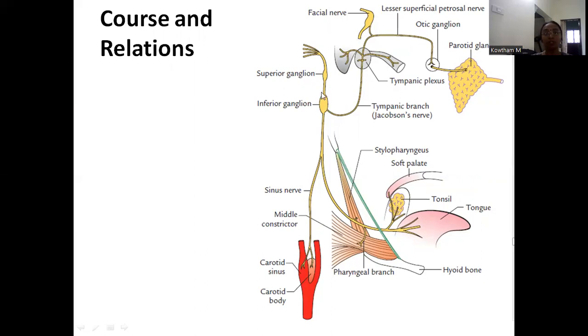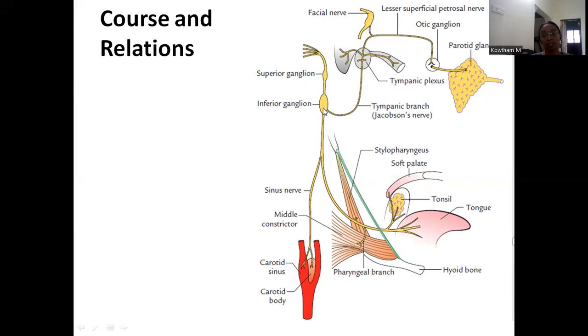But the inferior ganglion lies in a depression on the inferior surface of the petrous part of the temporal bone, and this forms the important main trunk of the glossopharyngeal nerve, which leaves the foramen and enters the neck. After entering the neck, it immediately gives a tympanic branch.